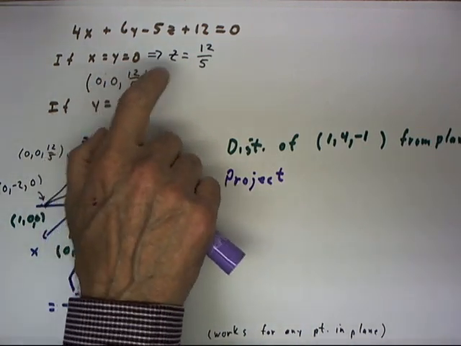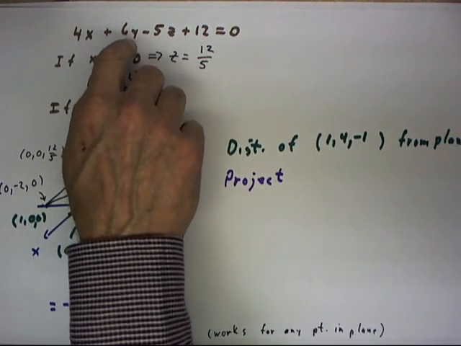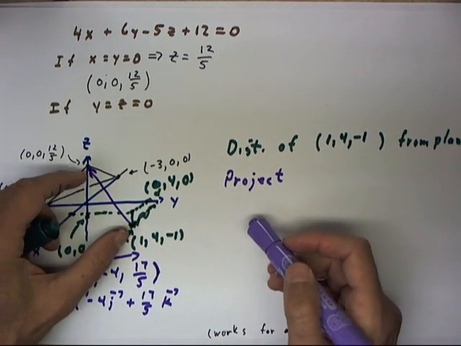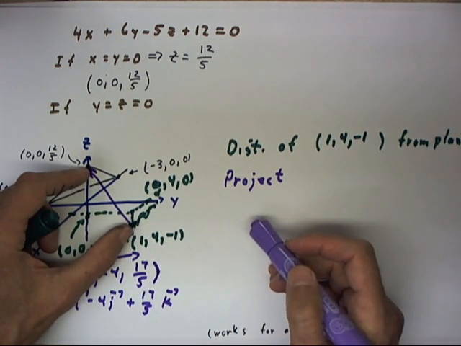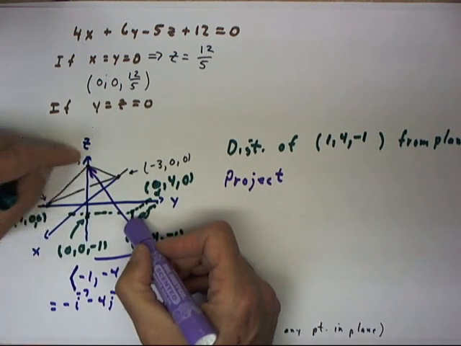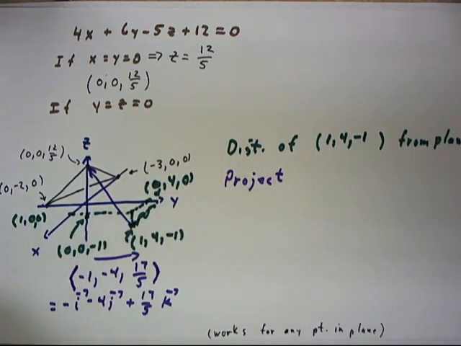But let's remember that we can read off a vector that is perpendicular to the plane, namely 4x plus 6y minus 5z, and we can see how much of this vector is in fact perpendicular to the plane simply by projecting this vector onto the normal vector. It might help to see a picture of that. And this is just a picture that depicts the situation.